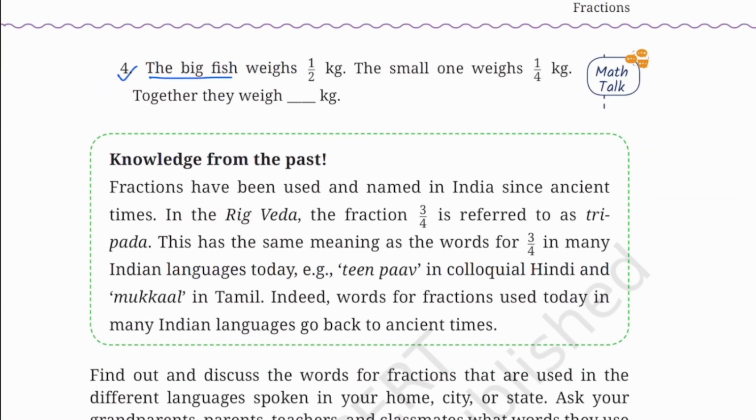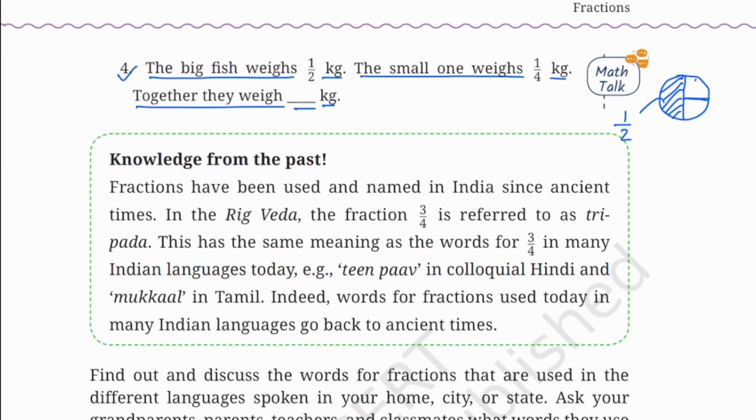4. The big fish weighs half kilogram. The small one weighs quarter kilogram. Together they weigh dash kilogram. You have to add them. You can think like this. If this is 1 kilogram, then this one is the portion occupied by the big fish.